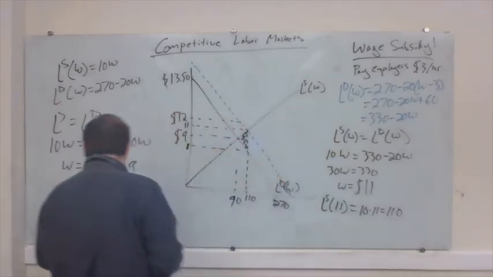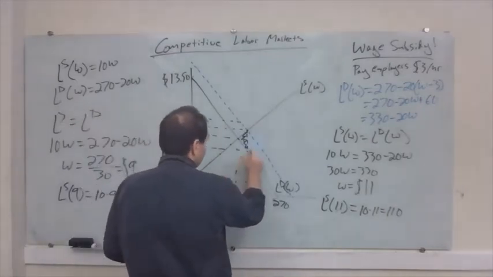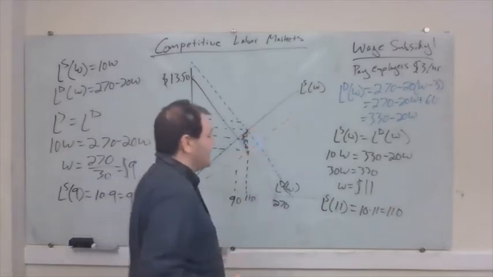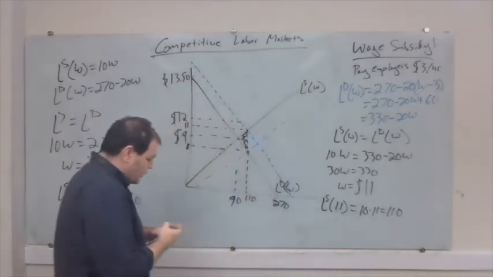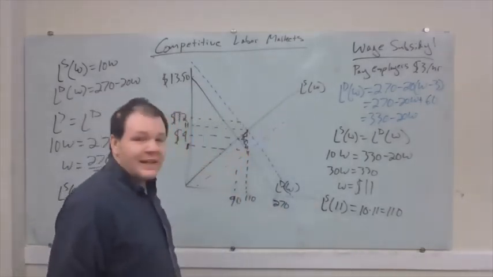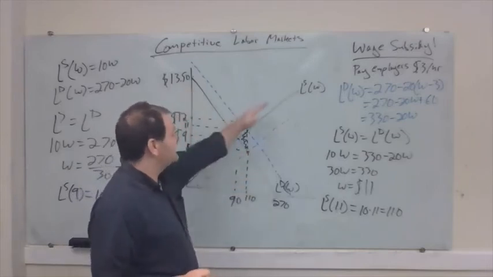We would have shifted our labor supply out by $3 an hour. We would have ended up at the exact same equilibrium. So who's actually getting the subsidy paid by the government does not affect who ends up getting the subsidy in their pocket. Instead, that's going to be affected by the relative elasticity of supply and of demand.